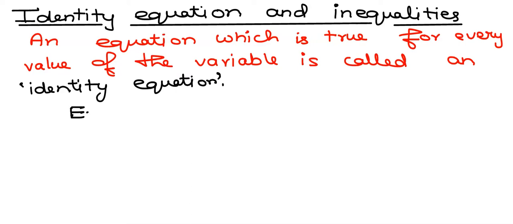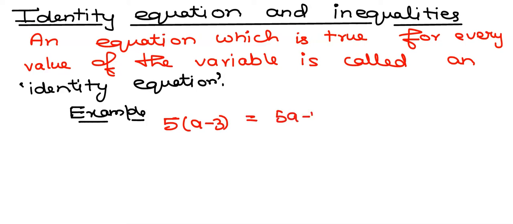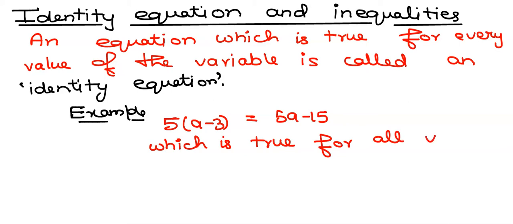For example, here 5 times (a minus 3), and you can write here 5a minus 15 on the right hand side, which is true for all real values of a.